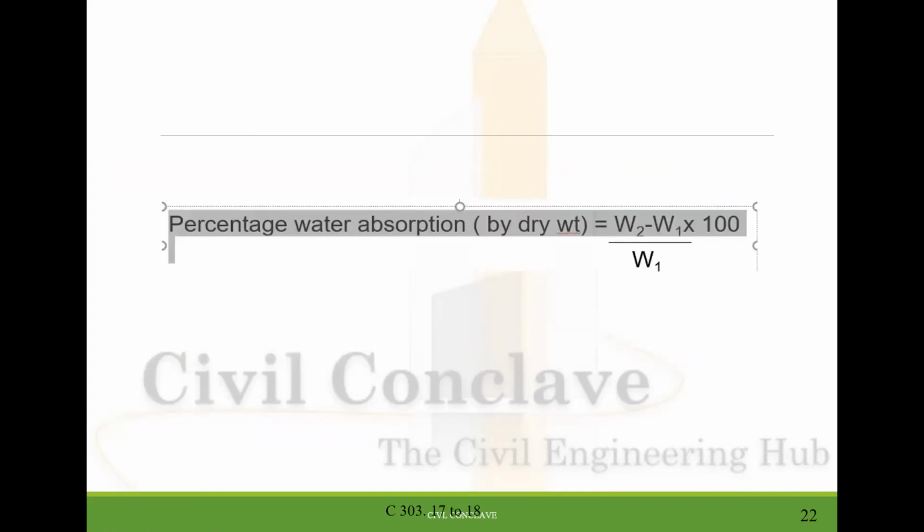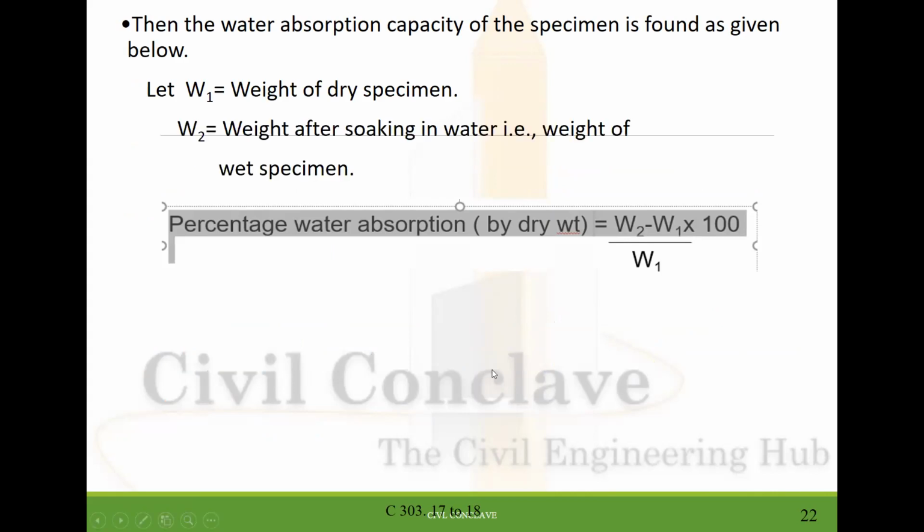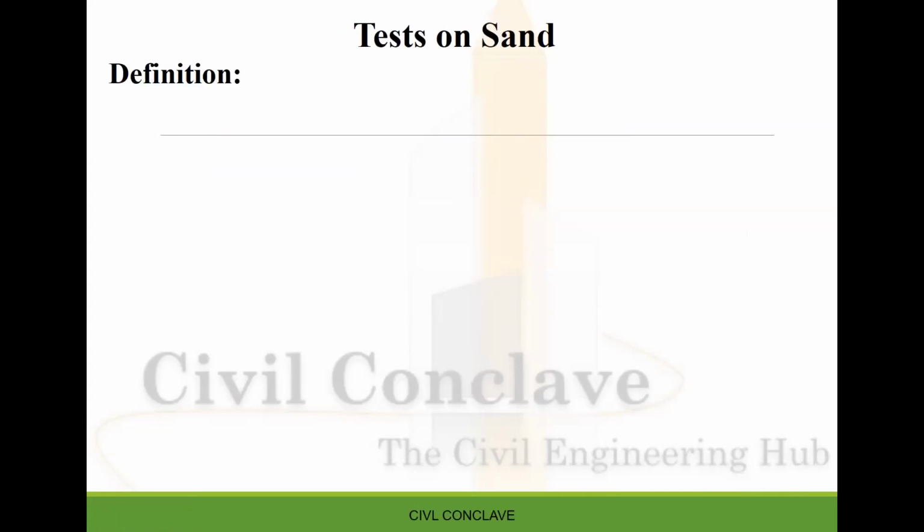Percentage of absorption by dry weight is equal to W2 minus W1, where W2 is after the 24 hours immersion in the water, and W1 is the room temperature bricks, multiplied by 100 divided by W1. Okay. This is the methodology of how to calculate the water absorption in the bricks.